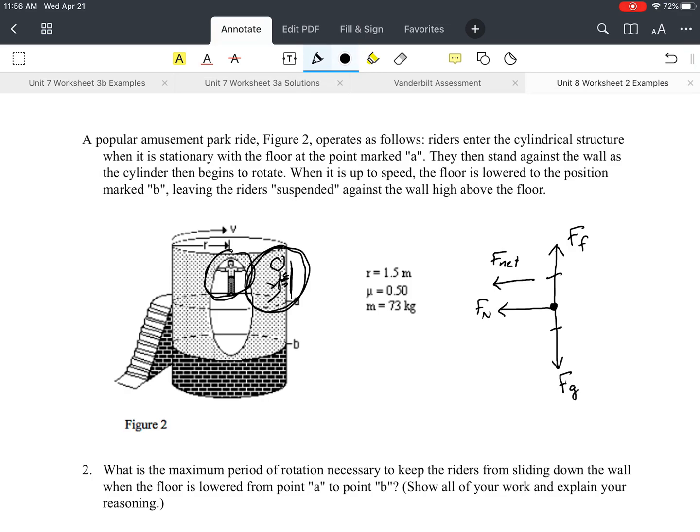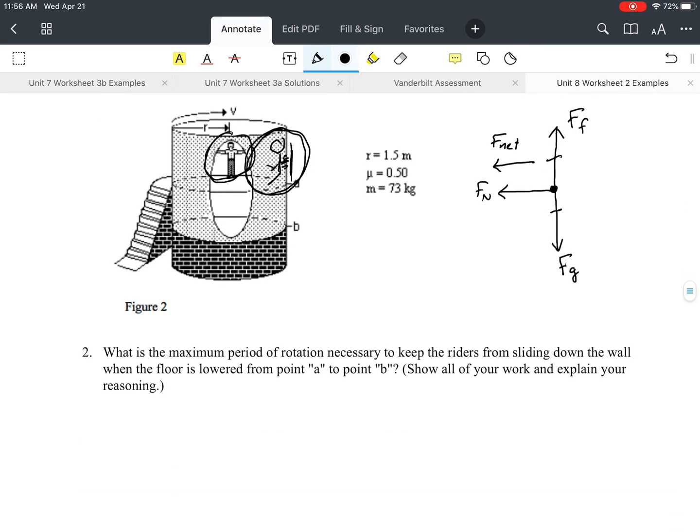So then we will use that as the net force, or the centripetal force, in our calculations. So as we look at this problem, number 2 says, what is the maximum period of rotation necessary to keep the riders from sliding down the wall? So we're actually looking for this period, this T.